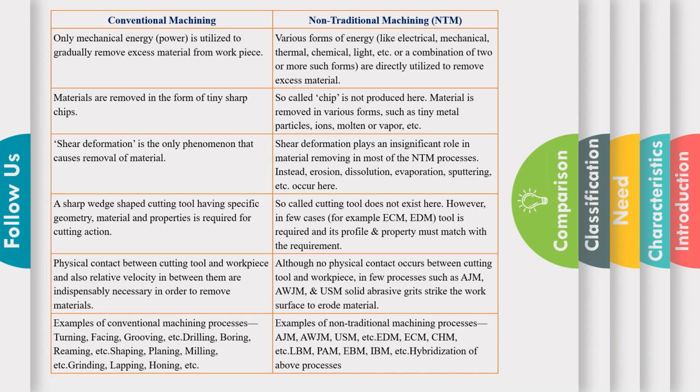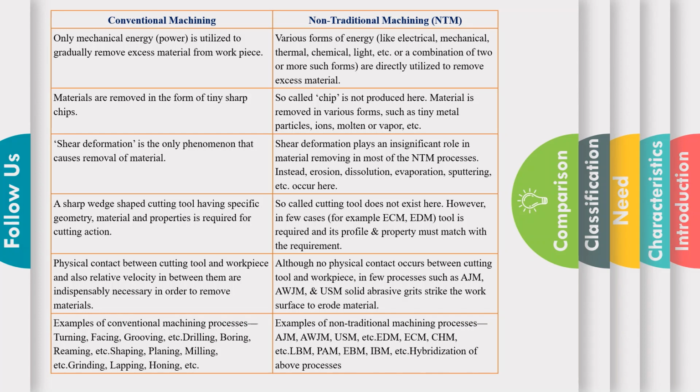Third point about conventional machining is shear deformation is the only phenomenon that causes removal of material. On the other hand, shear deformation plays an insignificant role in material removal in most of the NTM processes. Instead, erosion, dissolution, evaporation, etc. occur here. In conventional machining, a sharp edged cutting tool having specific geometry and material with its different properties is required for cutting action.